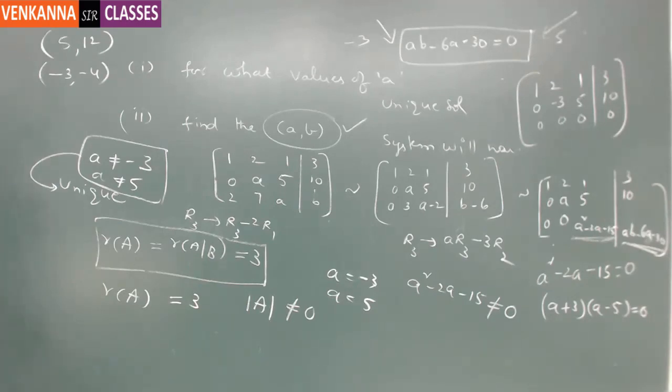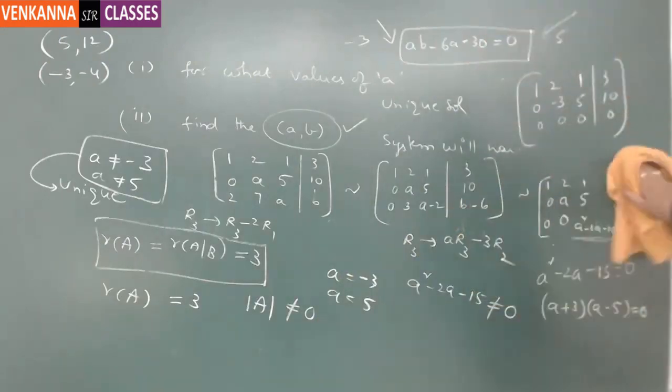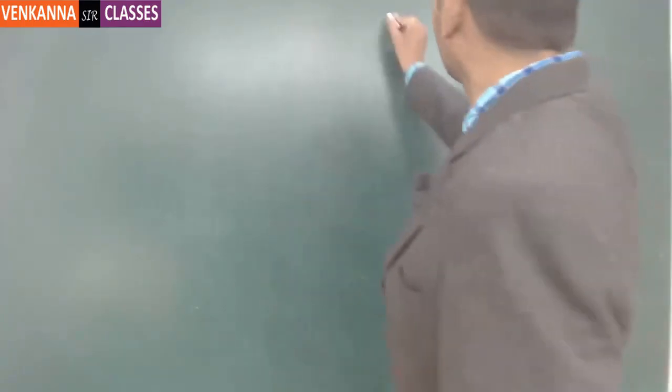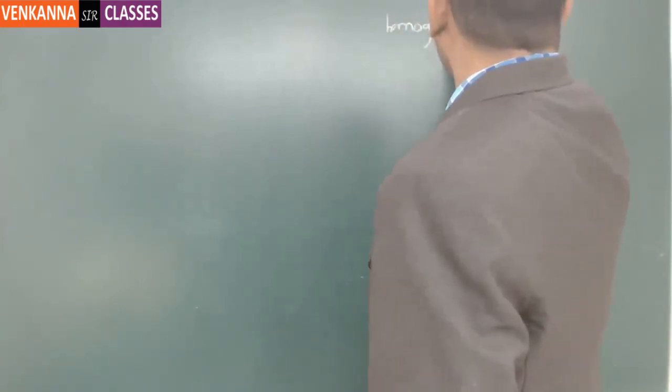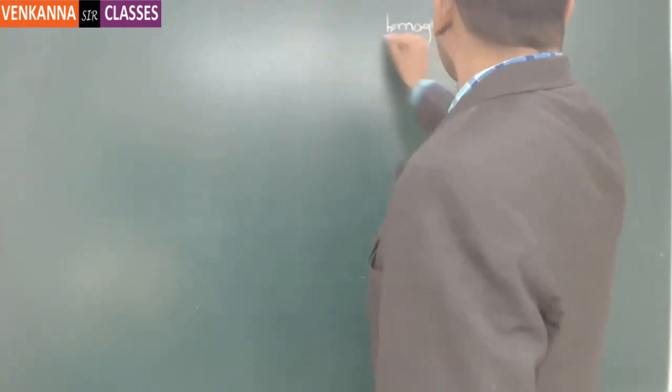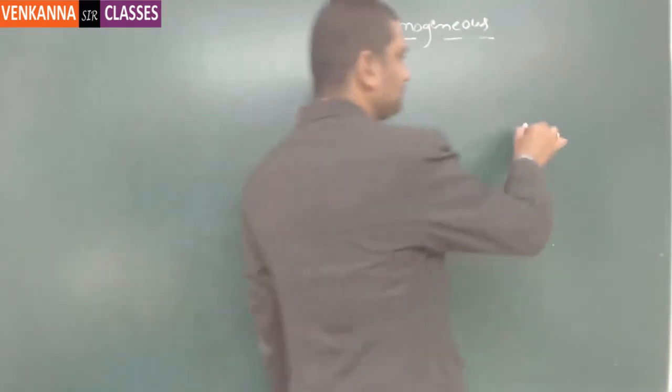Right. So let us take the homogeneous system case then. The advantage of learning the homogeneous system is that solving this homogeneous system of equations is very useful while solving problems based on eigenvalues and eigenvectors.